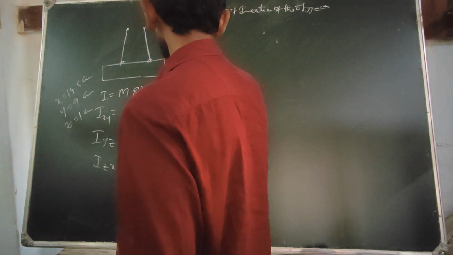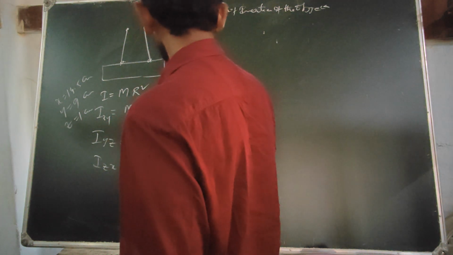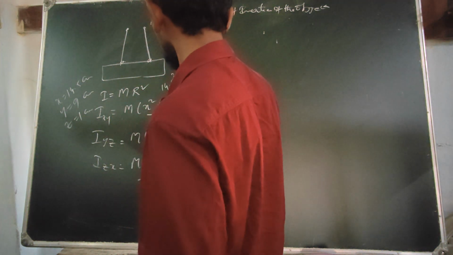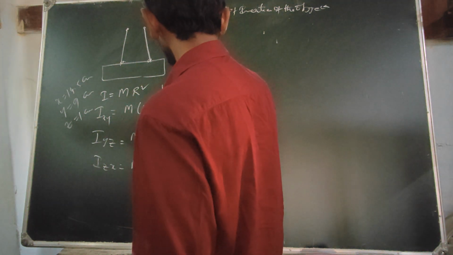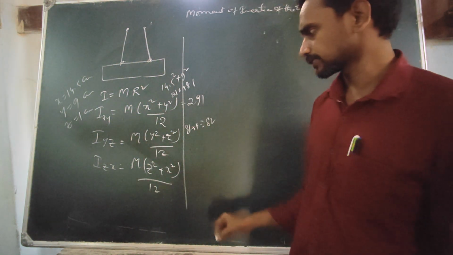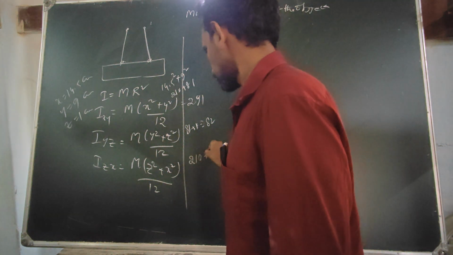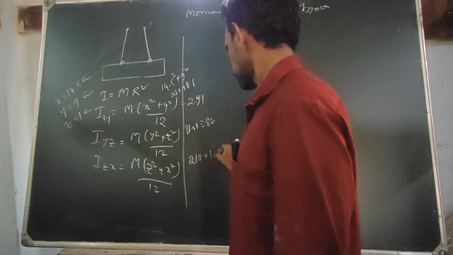210 plus 81.4. Okay, neglected. So it is 291 here. This is 82. What about this? 210 plus 1, 211.